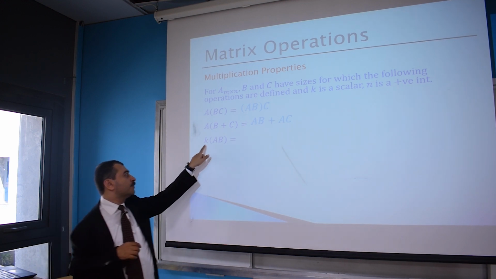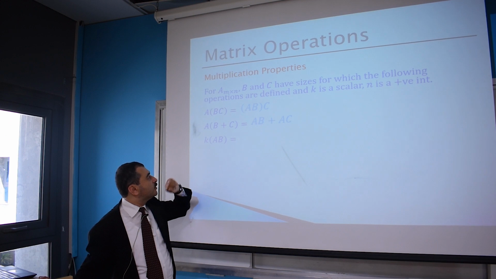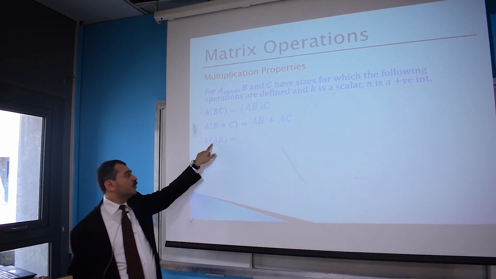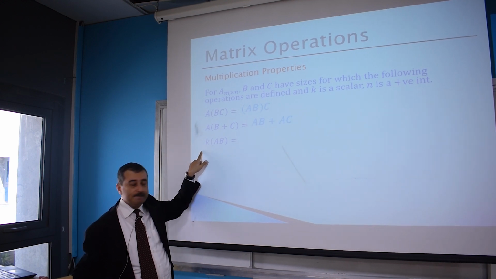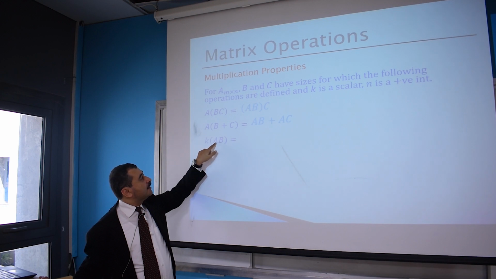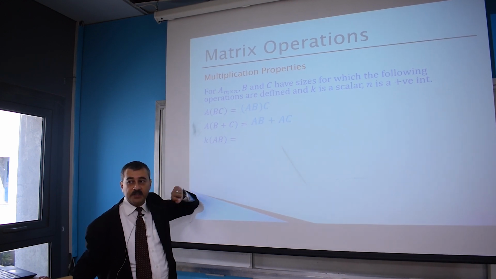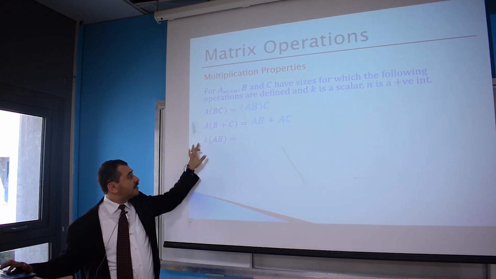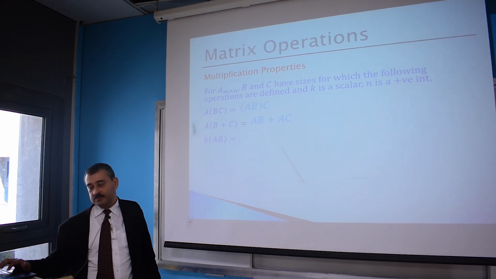And if you want to multiply a scalar by a product of two matrices, for example, K times AB, you can do the matrix multiplication first and then scale each entry with K, or scale the matrix A by K and then do matrix multiplication with B, or even scale the matrix B, because this is a scalar, so it can jump between the matrices, no problem.